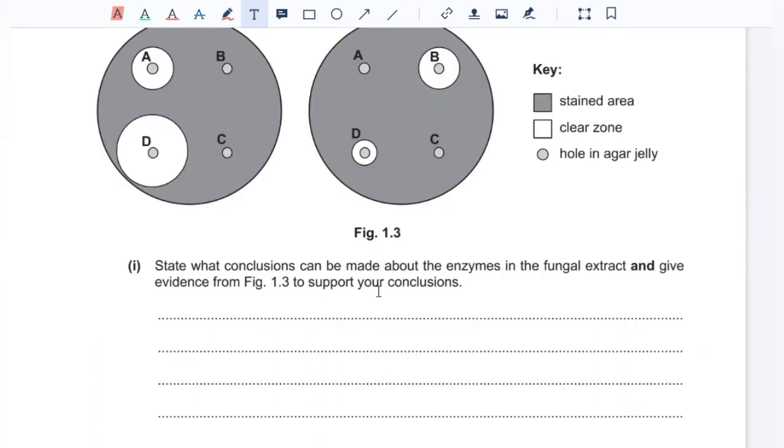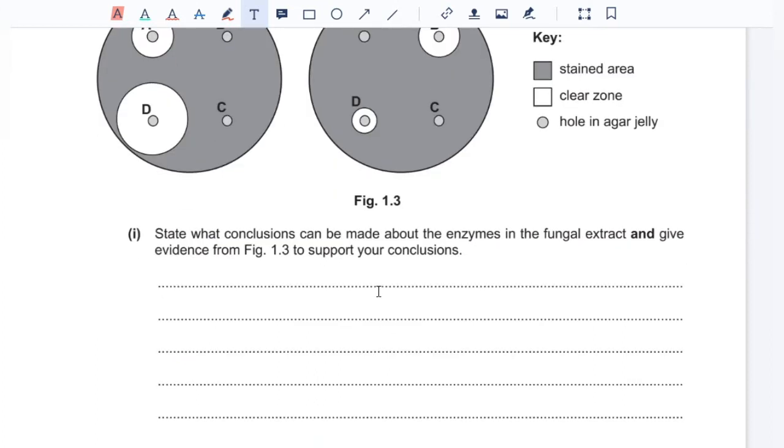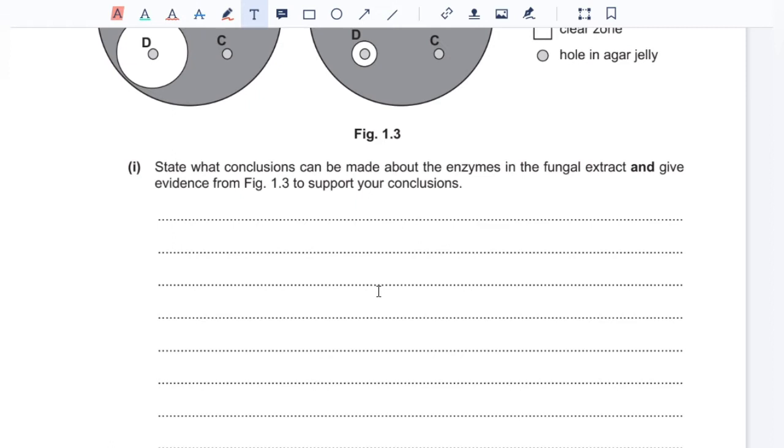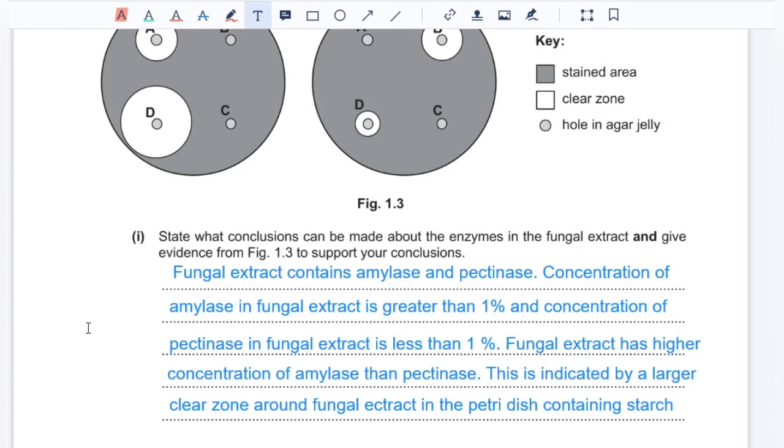One, state what conclusions can be made about the enzymes in the fungal extract and give evidence from figure 1.3 to support your conclusions. Fungal extract contains amylase and pectinase, both of the enzymes, as there's a clear zone around the hole D in both of the petri dishes containing starch and pectin.